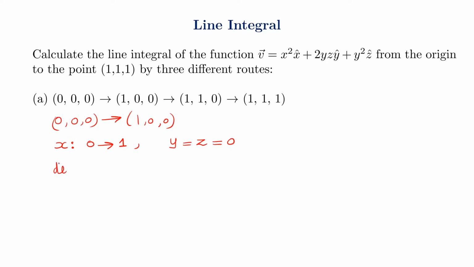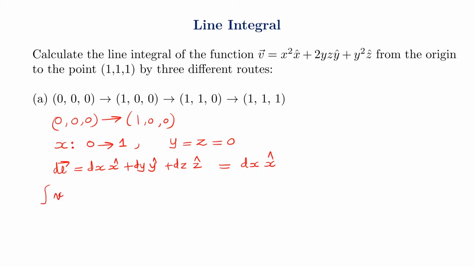We have dl equal to dx x hat plus dy y hat plus dz z hat. Since dy and dz are equal to 0, this will be equal to dx times x hat. There is variation only along the x direction.